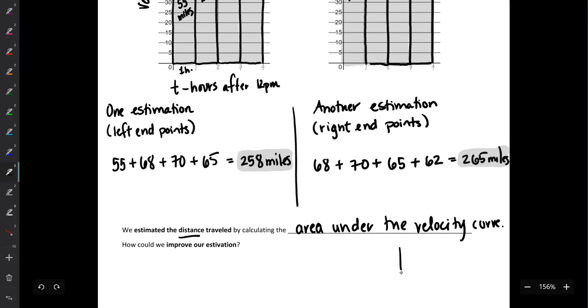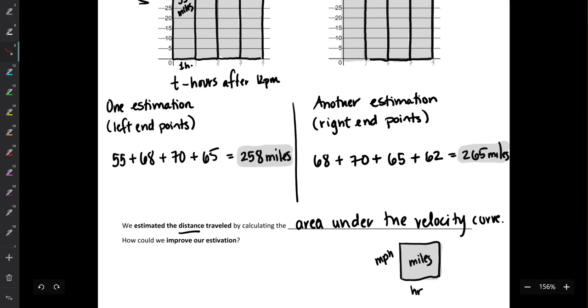But yes, miles per hour times hours will give you miles. Anytime you have a multiplication formula, you have an area model for understanding that product.